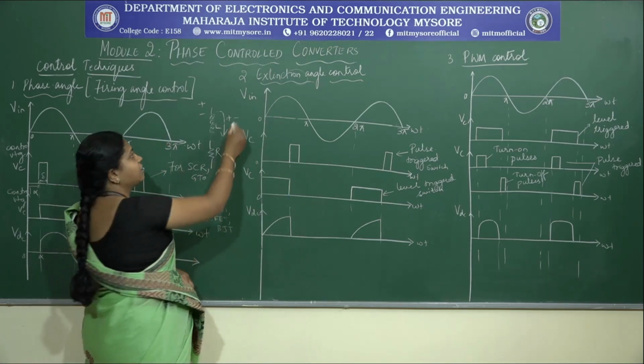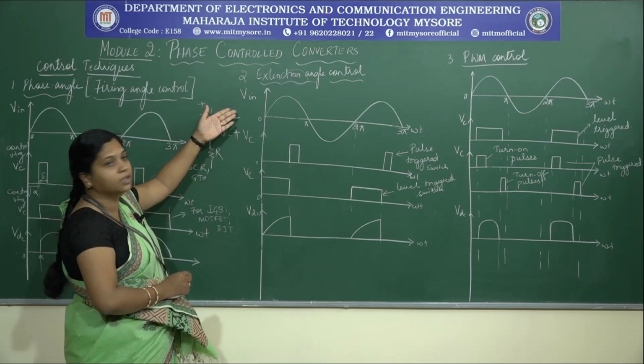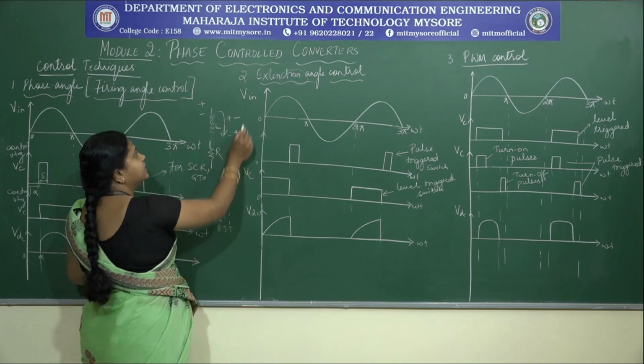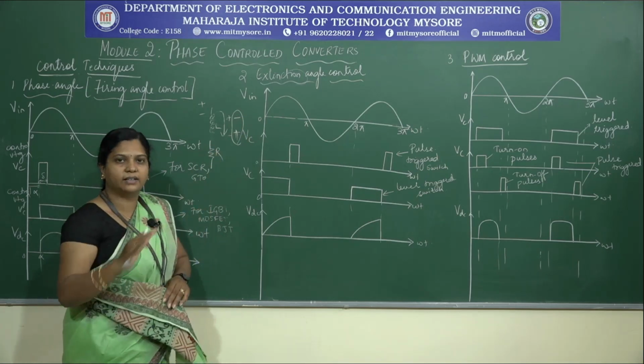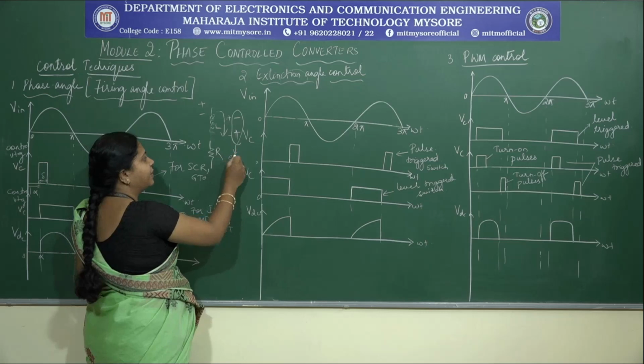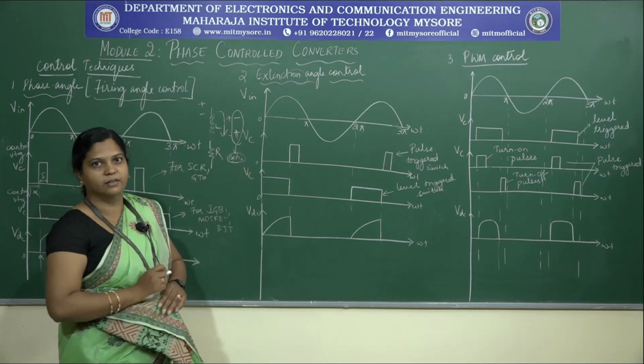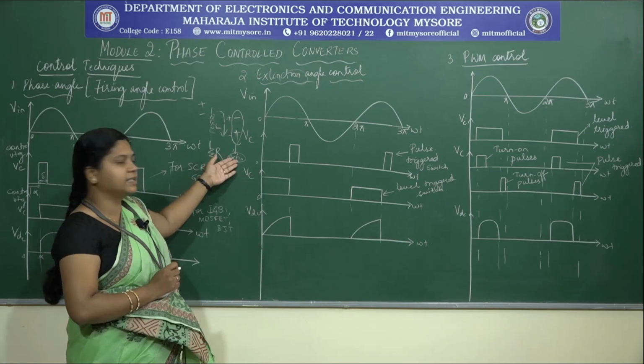This releasing of energy by the inductor in the opposite direction, until the energy stored in the inductor completely dies out, that part of the waveform is known as the extinction angle. Okay, usually represented as beta.